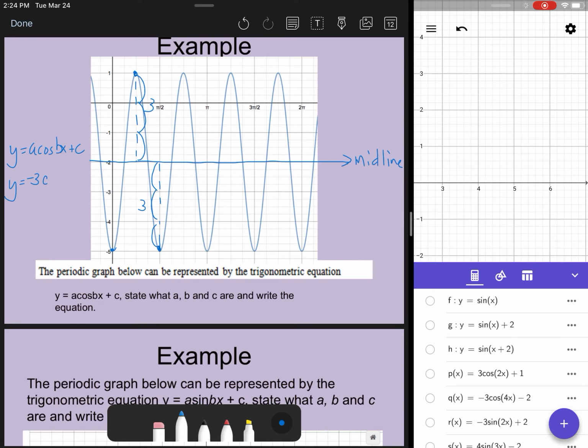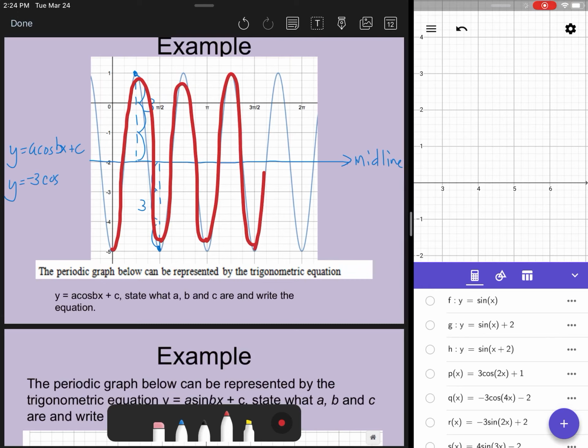If I was starting up in the positives, then it would be positive 3. But because I'm starting at -5, that's going to be a -3. So negative cosine. How are we getting our b value? Again, remember the frequency. How many full cosine curves do I have going from 0 to 2 pi?